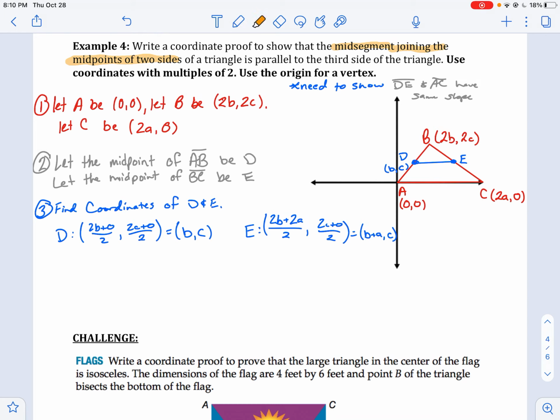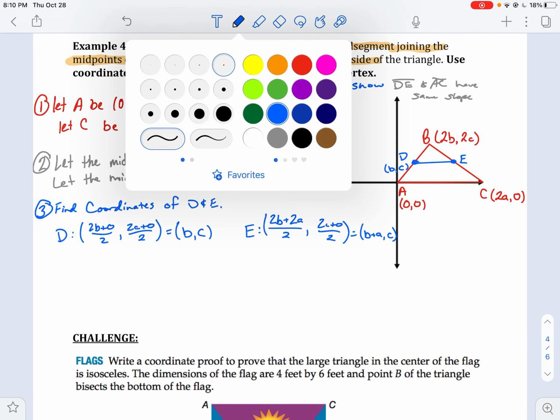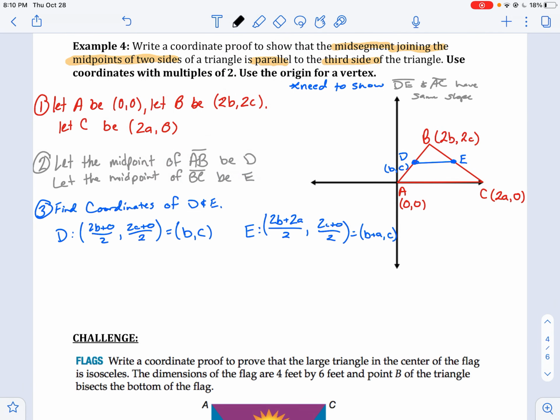And what I need to show again, right, my whole point is I want to show that that's parallel to the third side. So I want to show that these two segments are parallel. So what do I need to show? I need to show that their slopes are the same. So I'm going to find the slopes of AC and DE.